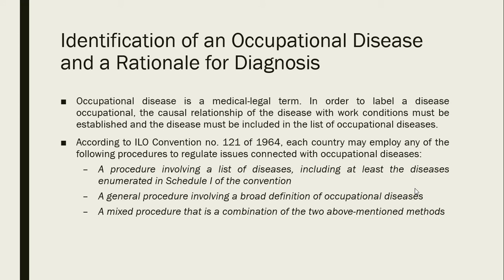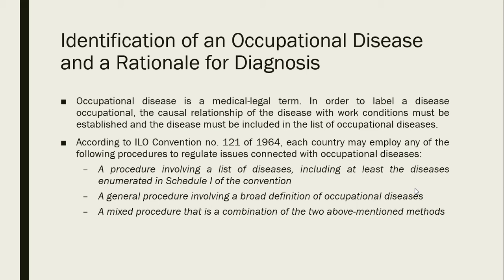So occupational diseases have existed for a very long time, as you have read about the pyramid builders in the Egyptian papyruses, up until the 1920s, when the ILO had its own convention in 1925.